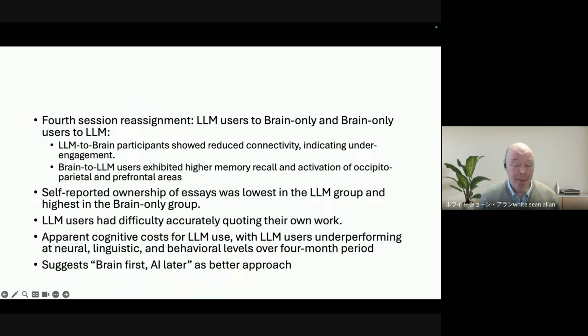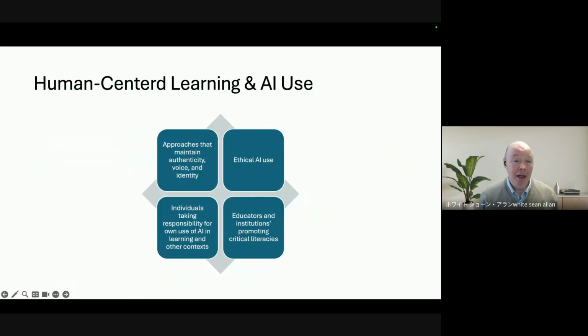And of course, I imagine there's a way to do it in parallel, but that's something we need to consider. So back to this idea of use it or lose it, I think that appears to be the case with this particular study. Then the second part, human-centered learning and AI use.